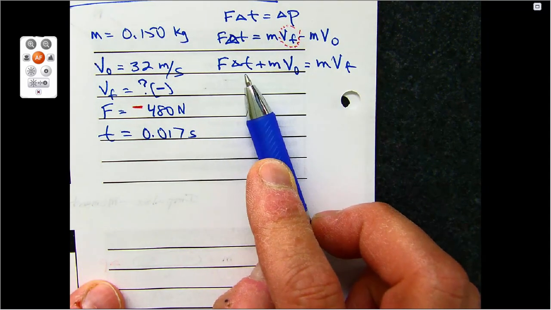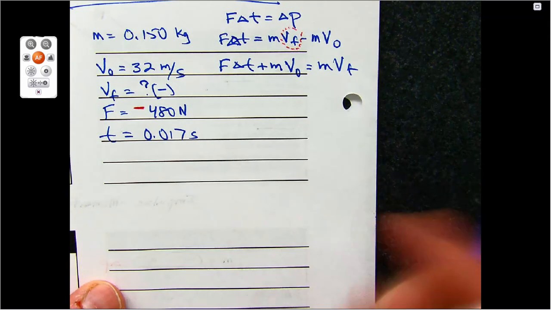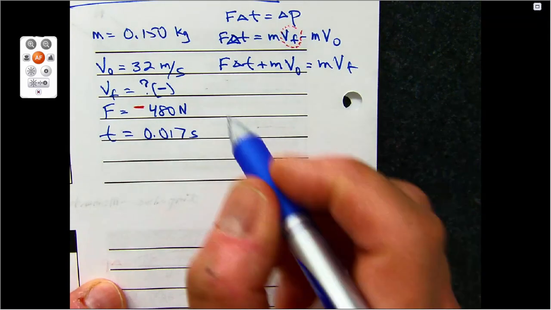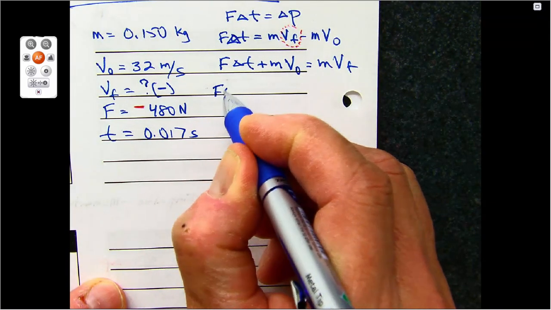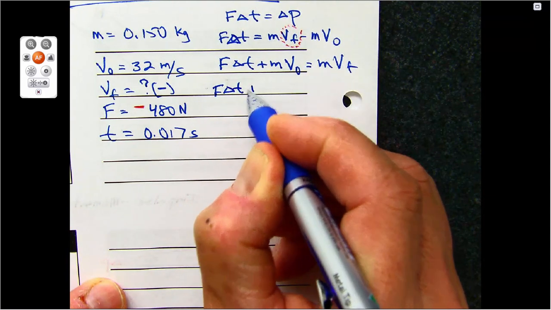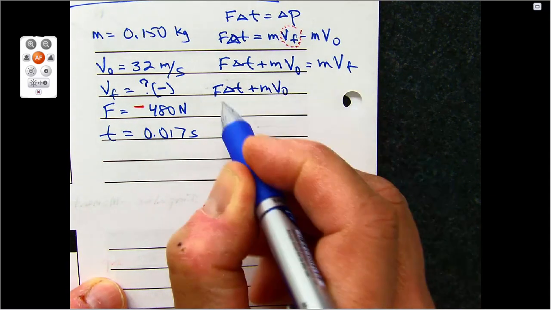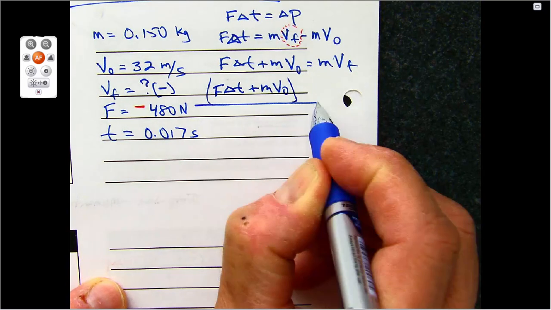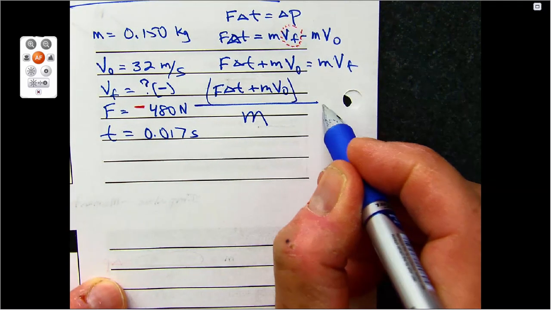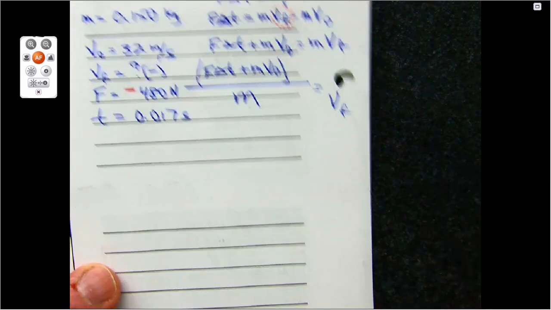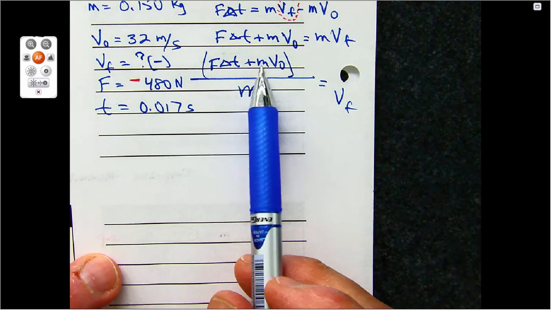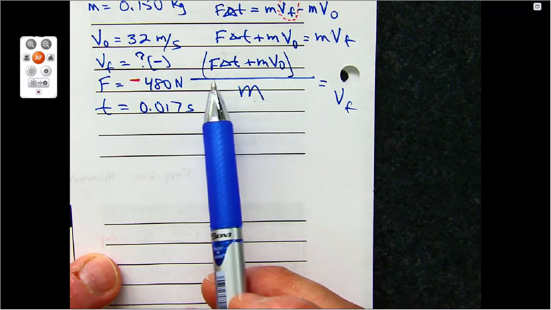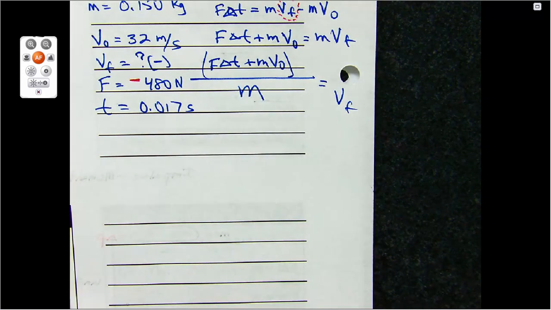That would work, right? Or we could just put the whole thing under a mass: force, change in time, plus mass, change in velocity, and put the mass down here like this. Again, you could split this up, cross this mass out, and you'd still have a mass over here. Tomato, tomato, I don't know if it matters that much.